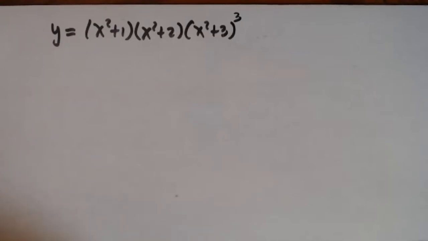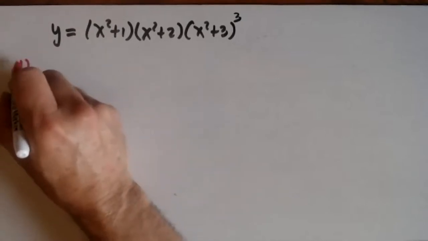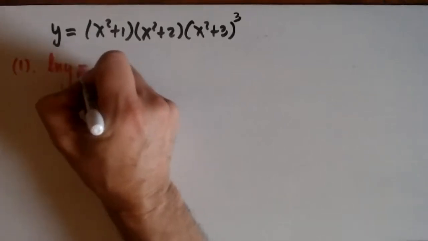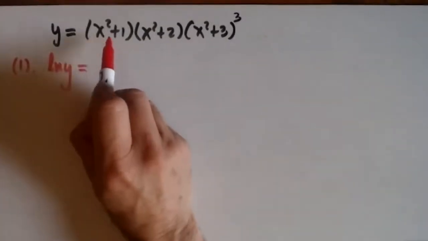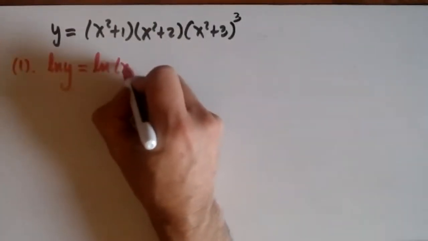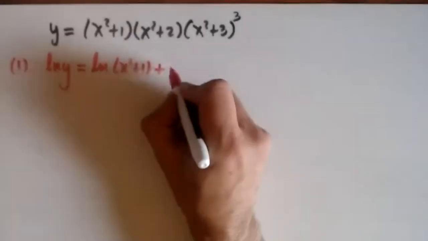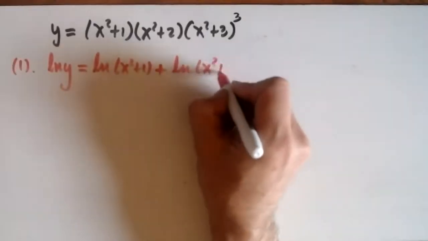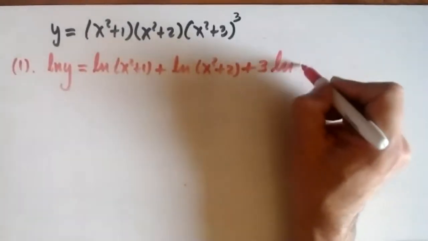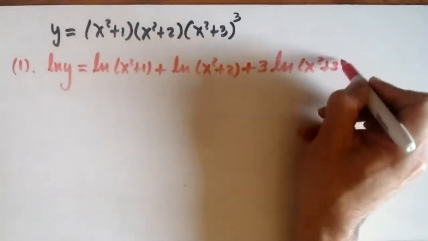So, okay, no problem. I'm going to use the logs. So, ln y equals the log of this plus the log of this plus the log of this. Okay, ln x squared plus 1 plus ln x squared plus 2. This is a power, so this is going to be 3 times the ln of x squared plus 3.